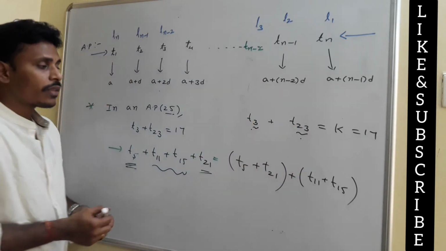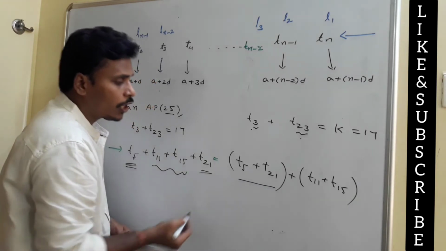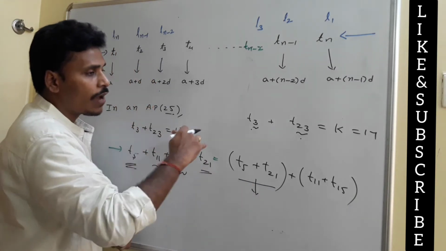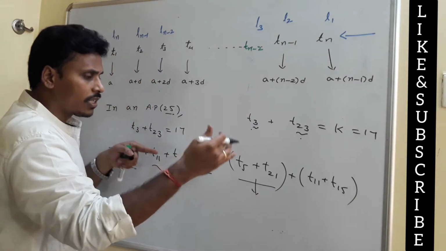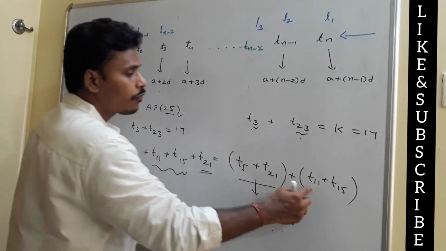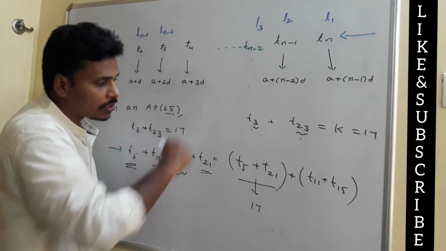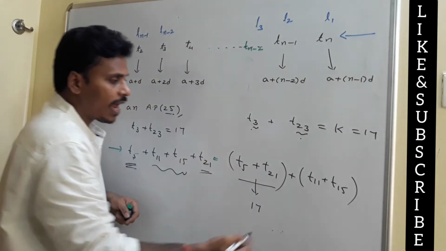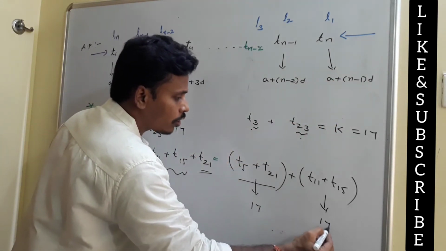So the sum of T5 and T21, which are at a distance of 5 and 5, that means equal distances, is also 17. And the sum of these two at a distance of 11 from the start and 11 from the end is also 17.